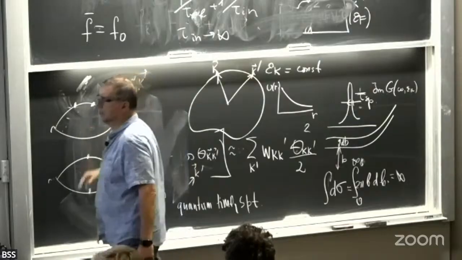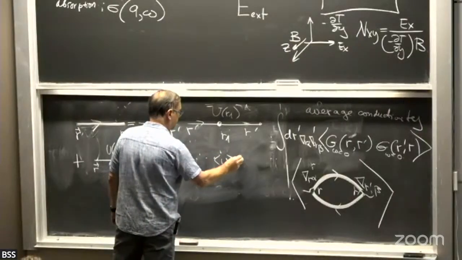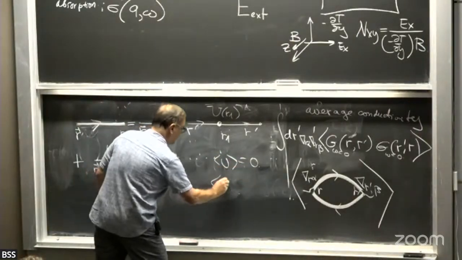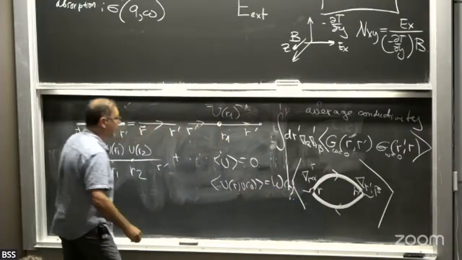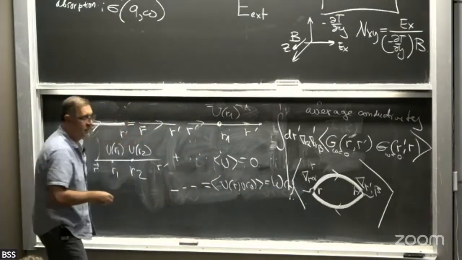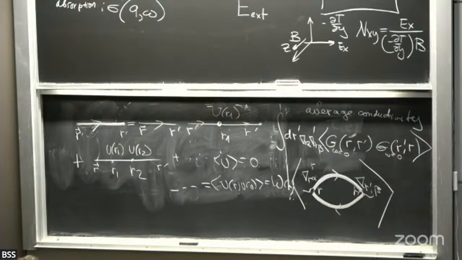Averaging means that at this point, we met an impurity with potential U(R1), and here an impurity with potential U(R2). Let's say the statistical properties are such that average U is equal to 0, and we know the correlation function U(R)U(0), which is some W(R). This average will be denoted by a dashed line, meaning that if I have two of them, I will connect them by a dashed line. In this case, the dashed line will connect 2 points on the same side. In this case, it will connect them on the opposite sides.